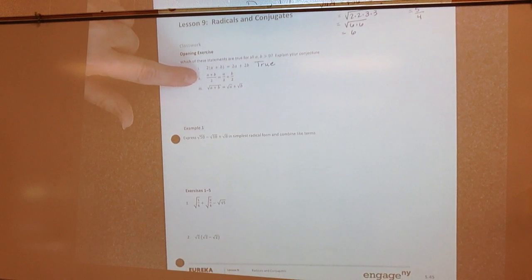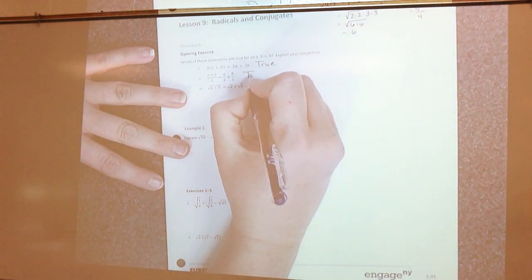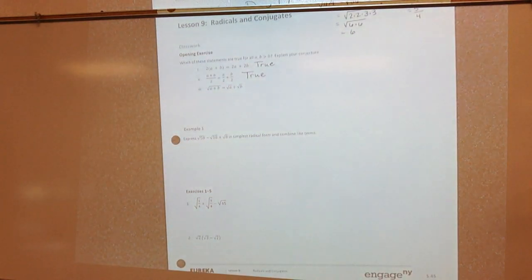Statement number 2, A plus B divided by 2 is the same thing as saying A divided by 2 and B divided by 2. I can put any number in there and it's going to be true.